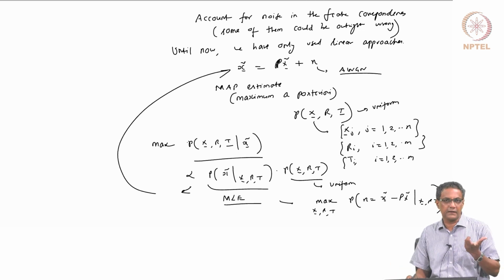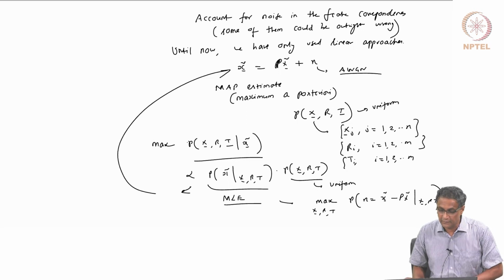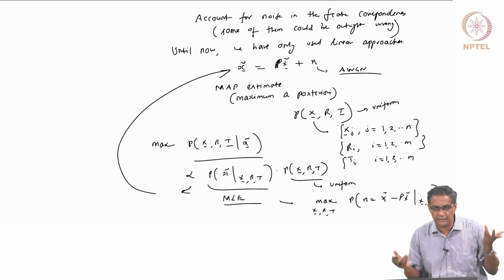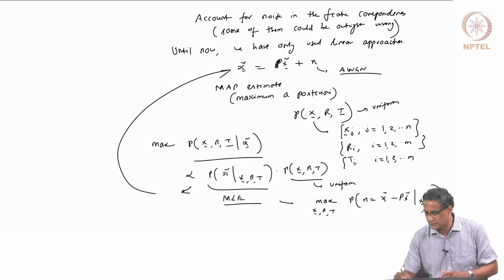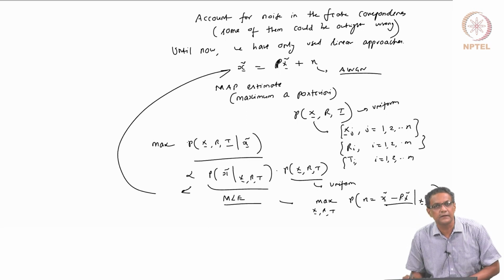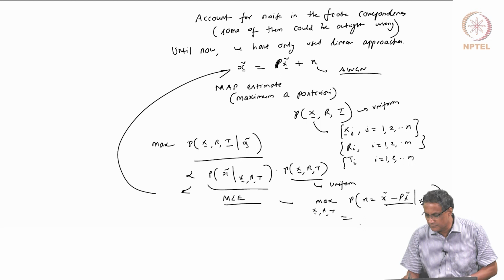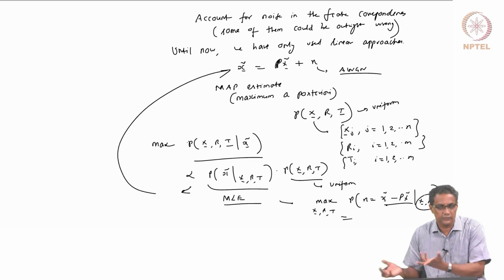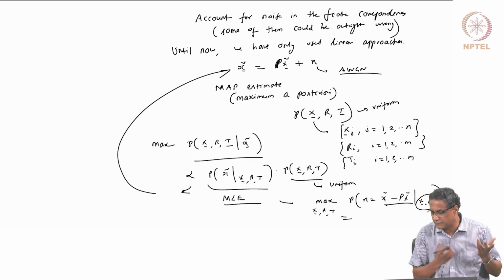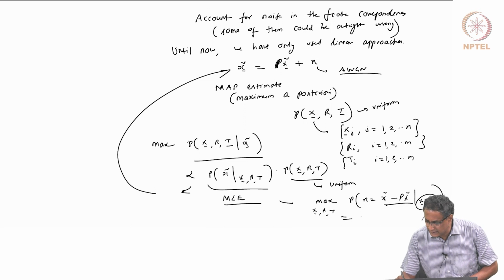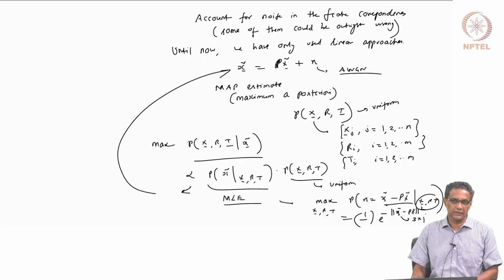Because we are assuming an additive Gaussian model for the noise, and once you give x, R, t, then n is known. There is no uncertainty here. So you can throw this out, you don't have a dependence on that anymore. So it is simply P of n equal to x tilde minus P x tilde, which is e raised to, with some normalization, minus the norm of x tilde minus P x tilde squared, and x tilde is actually 3 cross 1, that we know.